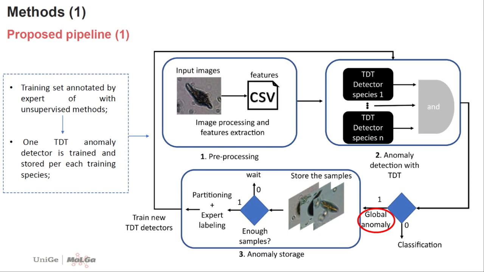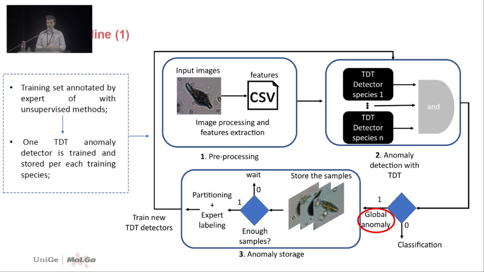The first is pre-processing: the image is acquired, potentially cropped, segmented, and then a set of features is extracted. I will give you more details about these features in a moment. At this point, the feature vector is fed to the TDT detectors that have been trained and that are placed in this parallel architecture that we can see here in the slide.